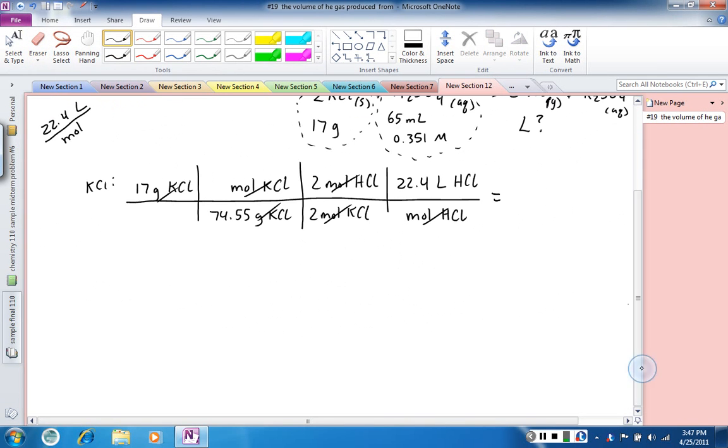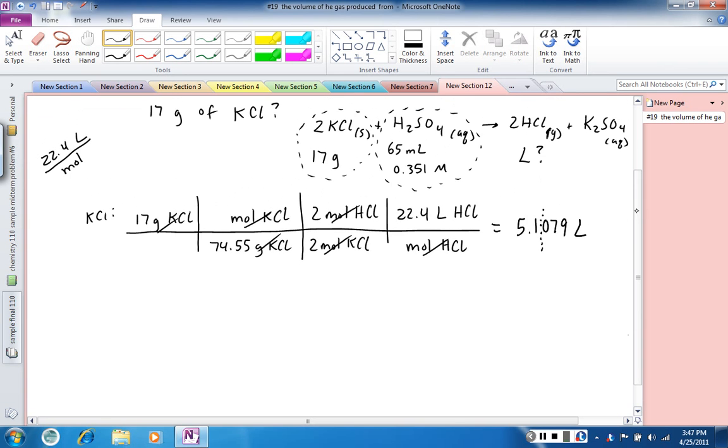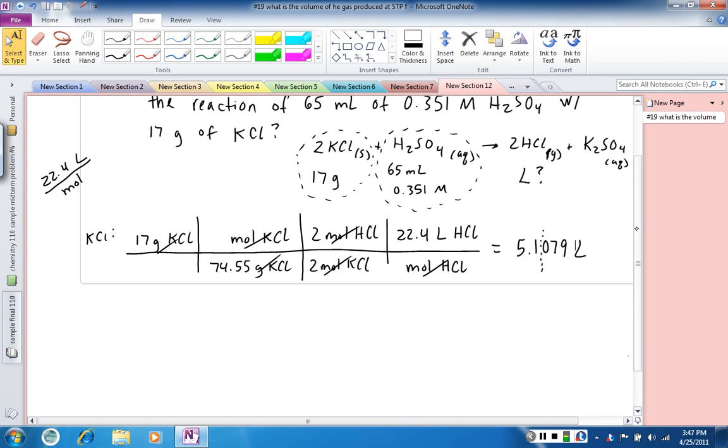So this works out to be 5.1079 liters, and we're at 2 sig figs, so we'll draw our sig fig line there. So that's how much we can make with the KCl. Let's figure out how much we can make with our H2SO4, and whatever one is smaller is going to be the one we're going to make.